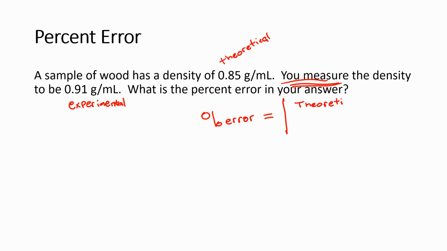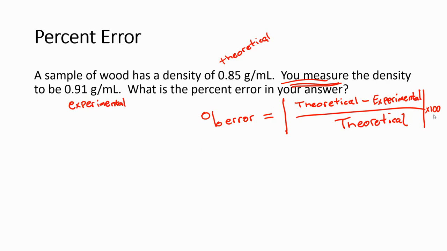Now, I'll be honest, because we're taking the absolute value, if you get this order mixed up and you do them backwards, that's okay. You're going to take the positive value anyway. We're dividing by the theoretical value, and we're multiplying by 100 to make it a percentage.